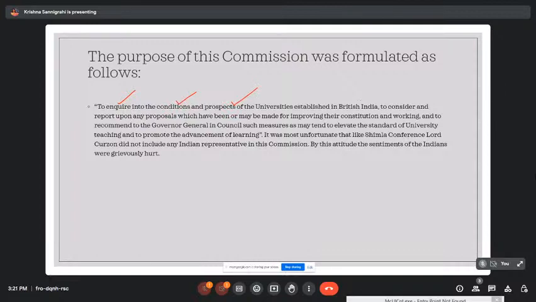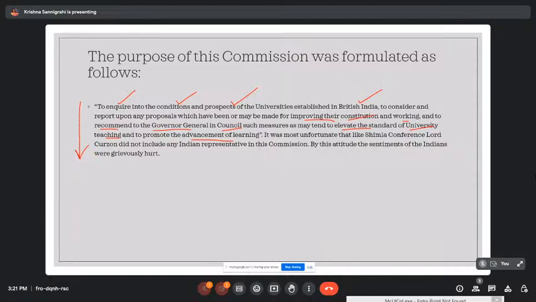So what was the condition of the various universities established in British India, and to consider and report upon any proposals which have been or may be made for improving their constitution and working, and to recommend to the Governor General in Council such measures as may tend to elevate the standard of university teaching and to promote advancement of learning.